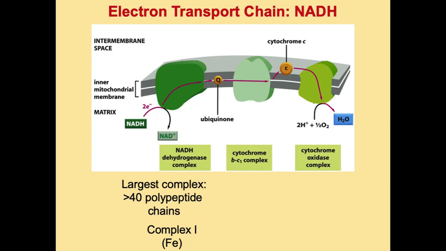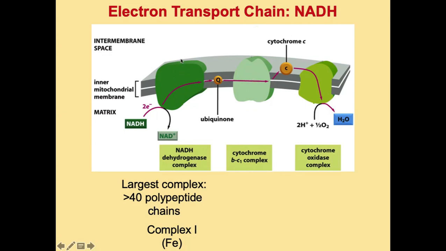Here at the top we have the intermembrane space, and then we have our highly specialized inner mitochondrial membrane. If we start from the left hand side, we can see our electron carrier NADH, and this is converted to NAD, releasing 2 electrons, which are then carried along through ubiquinone, passed on to complex 3.